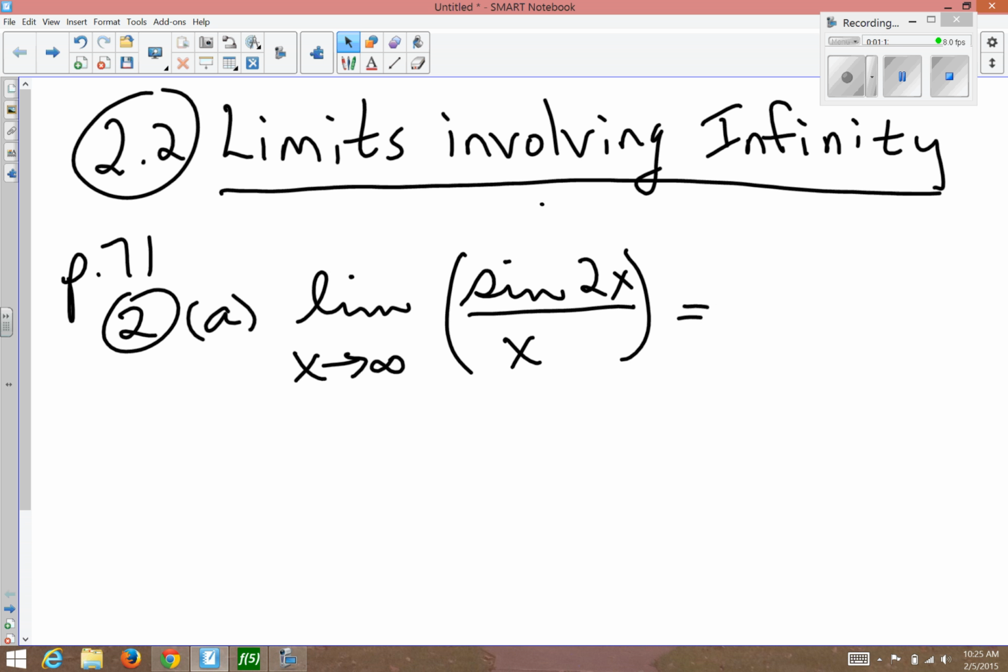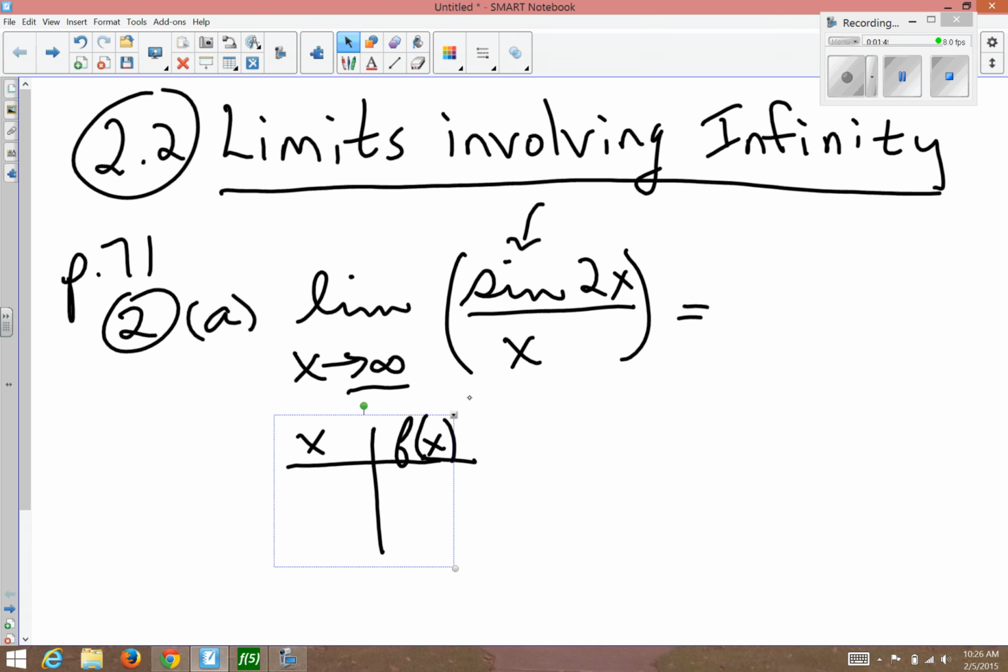Because a sine function is involved, I'm making sure the calculator is in radian mode. And then I'm going to calculate this expression, sine 2x over x, for large values of x. So f of x refers to this function here that's given.